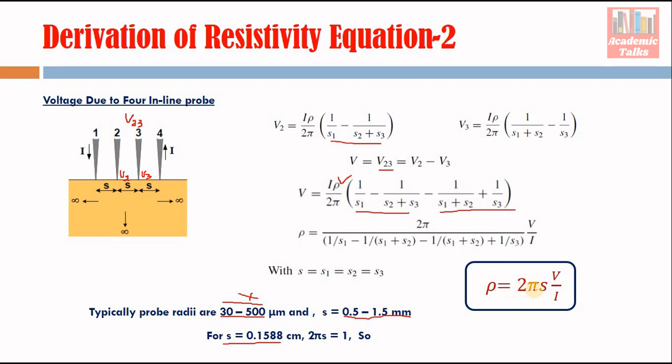So if you put 2 into 3.14 into 0.1588, this 2 pi S will become 1. So this is a very interesting thing, and when it becomes 1, you will get this equation of resistivity something like this. So what you have to do, just put the value of voltage which you are measuring between probe 2 and probe 3 into this equation, and put the value of I which you are supplying through the outer probes, and just find the ratio, and you get the resistivity.